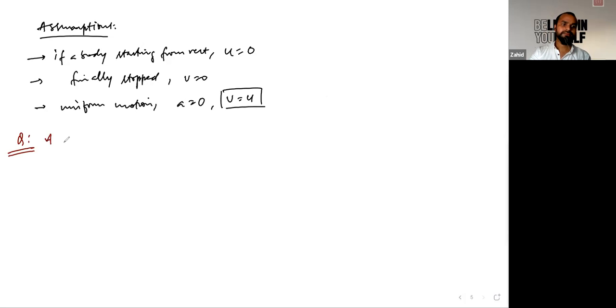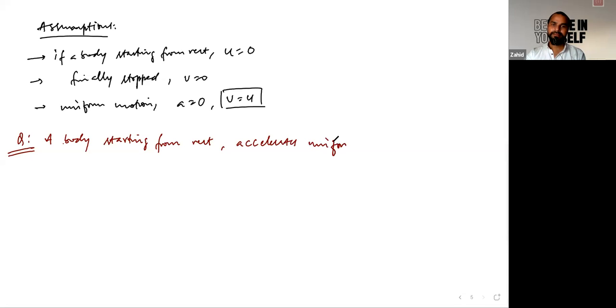By knowing these assumptions, I'm giving you an example. Suppose a body starting from rest accelerates uniformly to cover 8 meters in 4 seconds. Find, first part, the acceleration of the body.